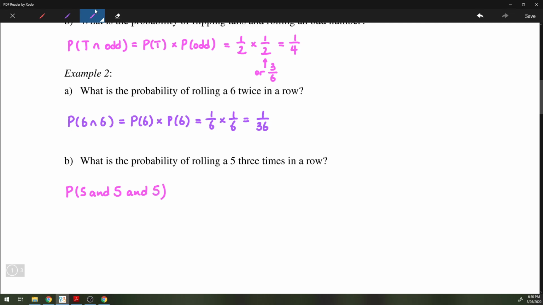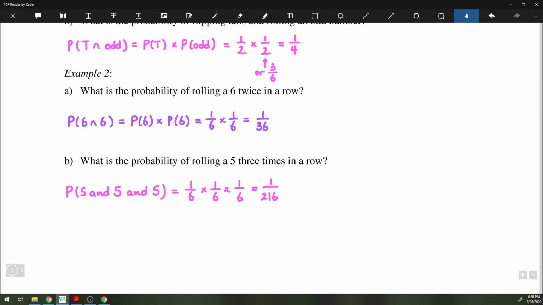Just write 3 fives. Each of those would have a probability of 1/6, so you simply multiply 3 of them together, and it is quite unlikely. You get 1 out of 216, which is pretty unlikely, which makes sense. Let's continue on to the next part.